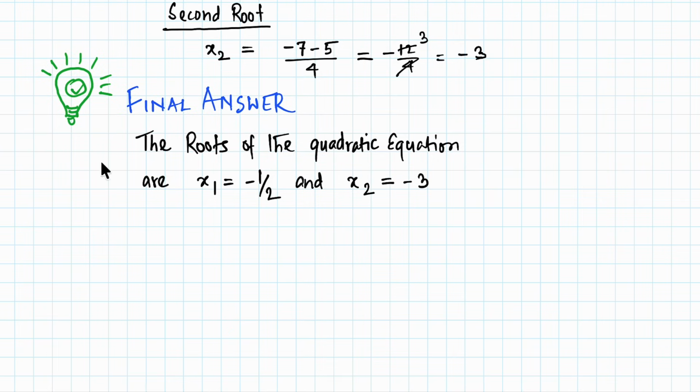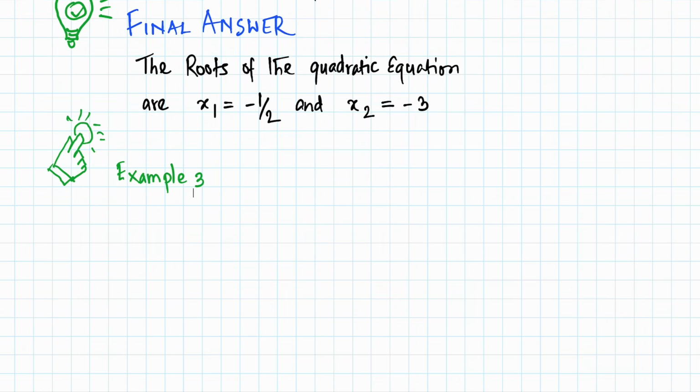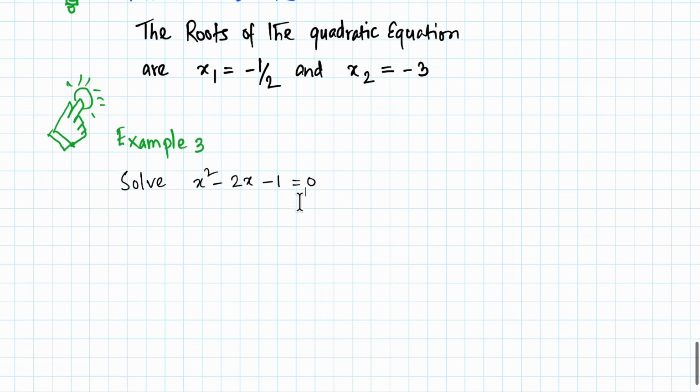Now let's take the third example. Example 3. Solve the quadratic equation x square minus 2x minus 1 equal to 0.